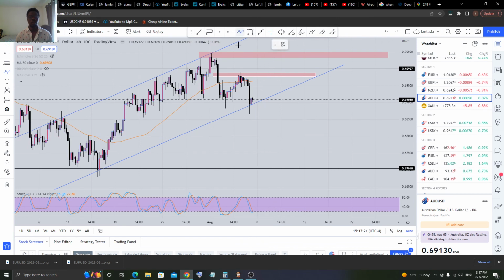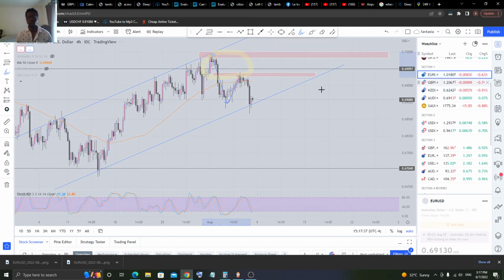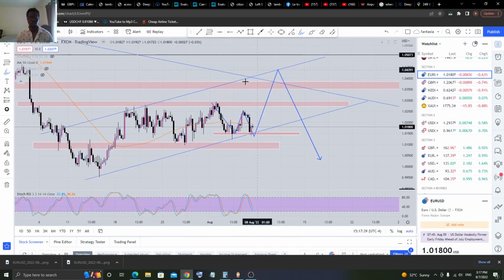But look at the difference between this down push and this bullish movement. Look at this distance, and look at it for Euro. You see, it's very small.